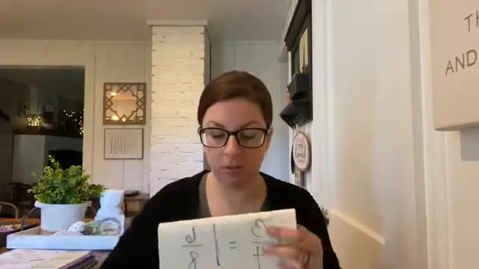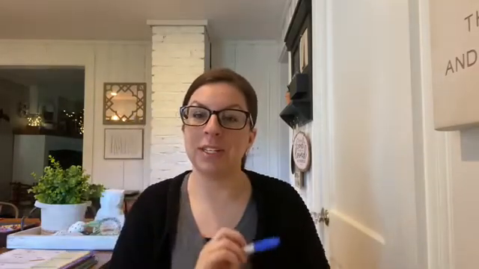Okay, so this is subtracting mixed numbers. Subtracting mixed numbers is a little bit more difficult because remember the top has to be larger than the bottom. They both have to have the same denominator, but the top has to be larger than the bottom. So sometimes you're going to need to borrow from the whole number.